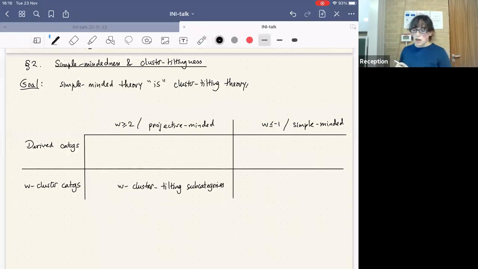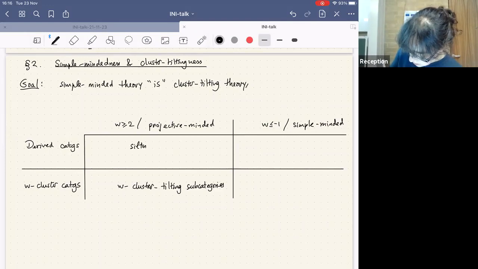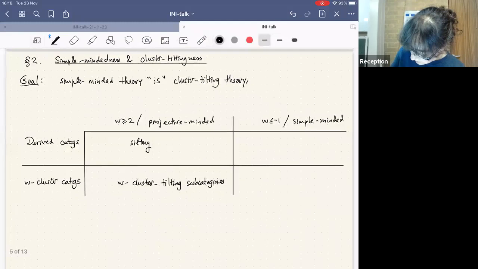Well, it would be nice to see what this relates to in a derived category. There's lots of work on this. What we want to look at in the derived categories is so-called silting subcategories.